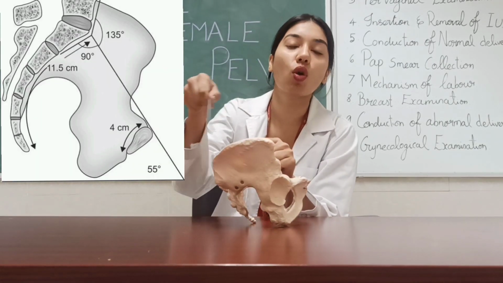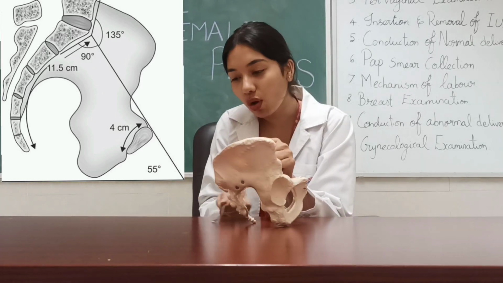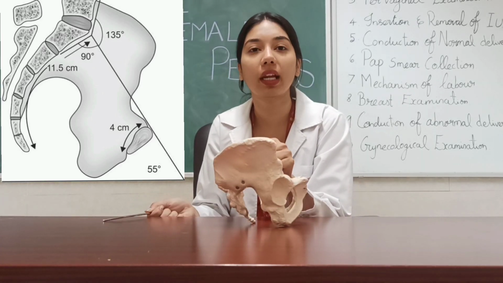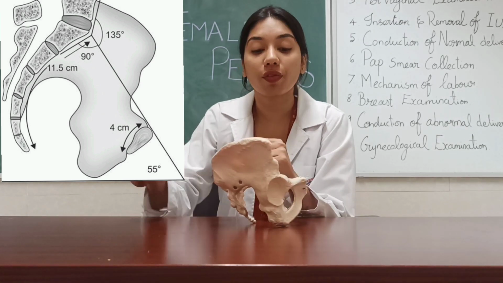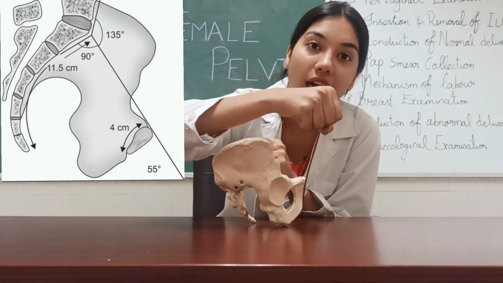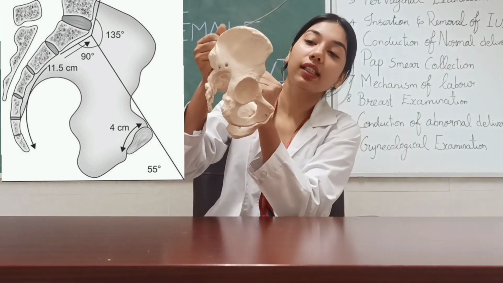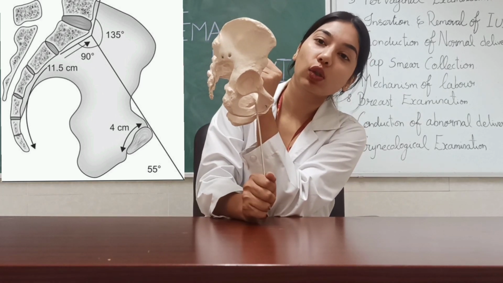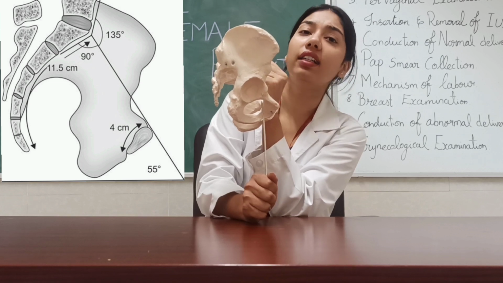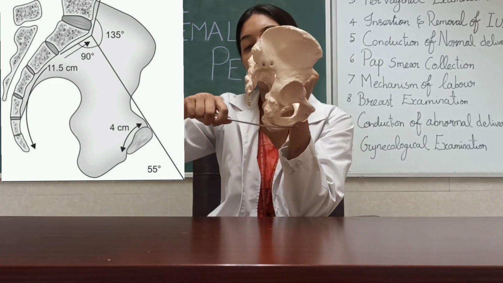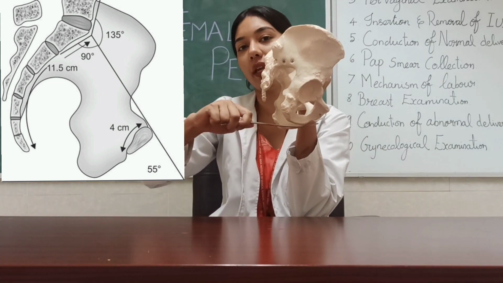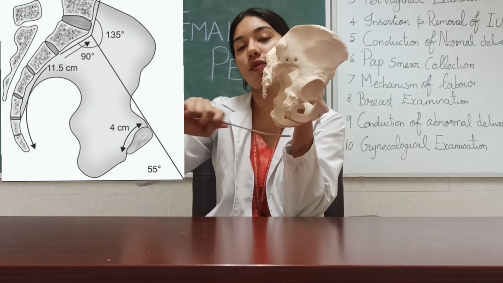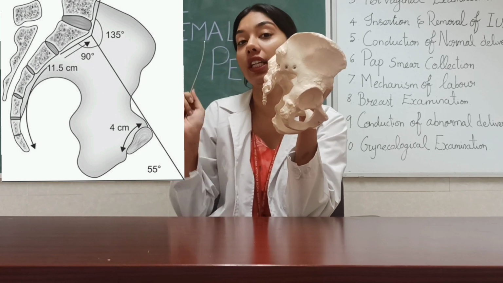Our pelvis is not situated in a horizontal plane, but because the femur has to be attached here, it is like this. The femur will be coming here like this. So there is a slight angle. If from horizontal we make an angle, the angle which we get here is 55 degrees.